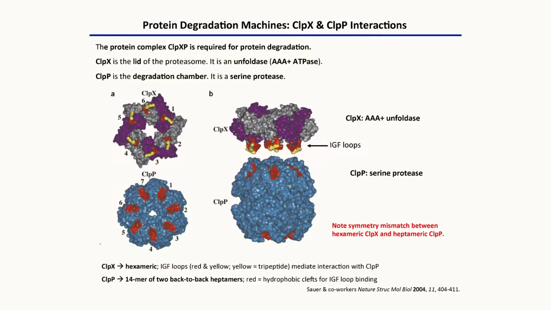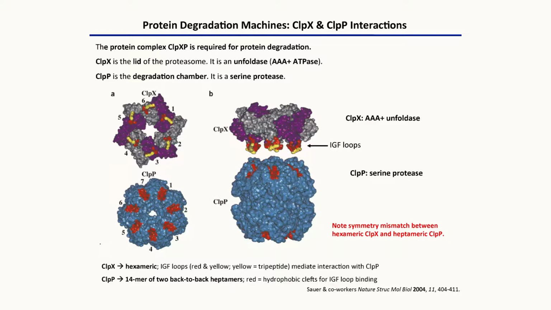Here we see these tripeptide loops, and we're only seeing 3, but there's 1 per subunit, so 1, 2, 3, 4, 5, 6. And what's shown here in red are the hydrophobic regions of ClpP where these can bind.